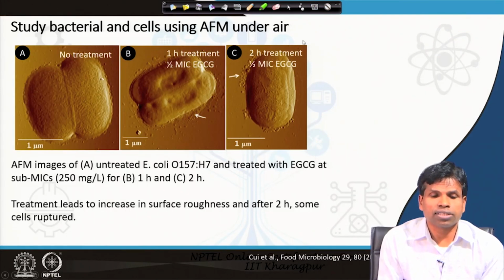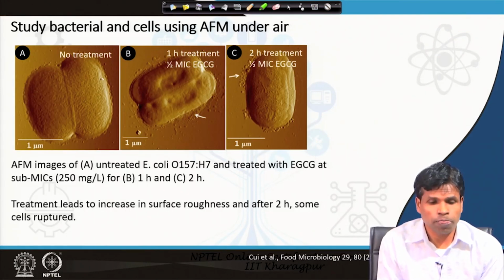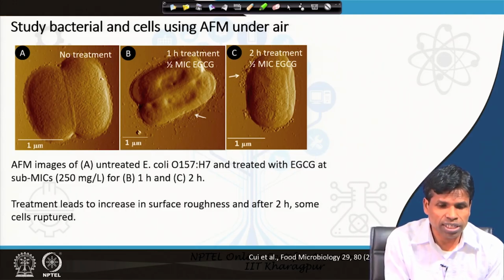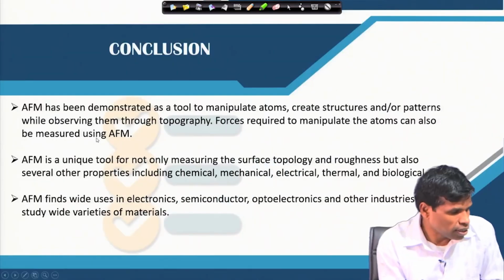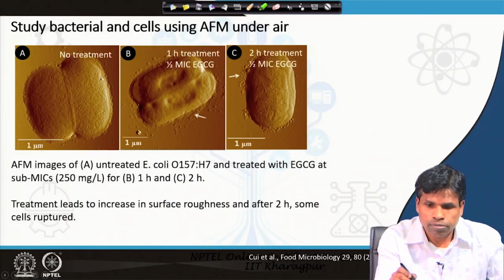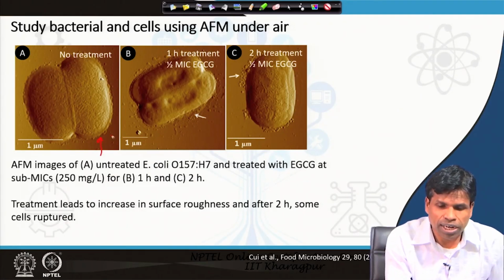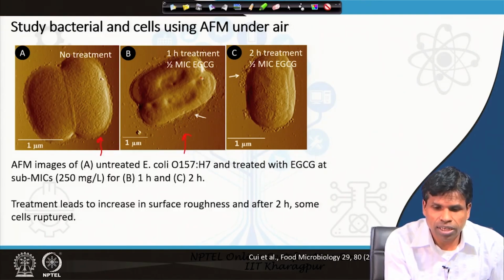For a bacterial sample or cell sample in the food industry, one can study how, with or without treatment with a chemical, the sample changes. Here is an AFM image of an untreated E. coli, and the shape distortion that happens with a chemical, EGCG.